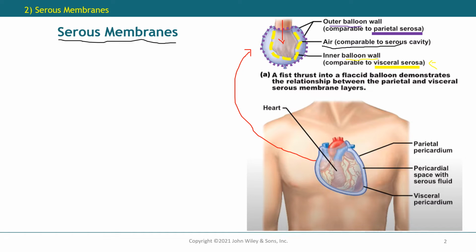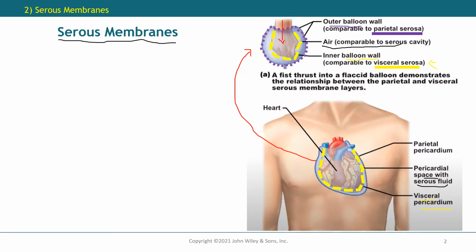Okay, so now let's go to the heart. In the heart, we have the same structures. Here, in the inner region, you have the visceral layer. In this case, it's called the pericardium. So peri, that surrounds, and cardium, the heart. You're going to have here a space where you can find a fluid that is called the serous fluid.